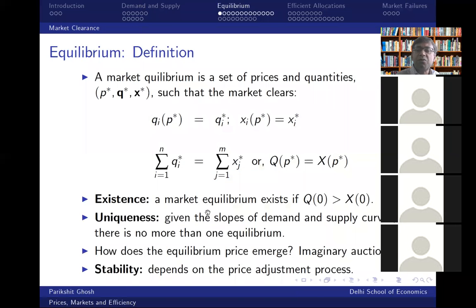Now comes the central concept of the classical theory of markets. Going back to economists like Walras and Alfred Marshall and so on. So what does this theory say?